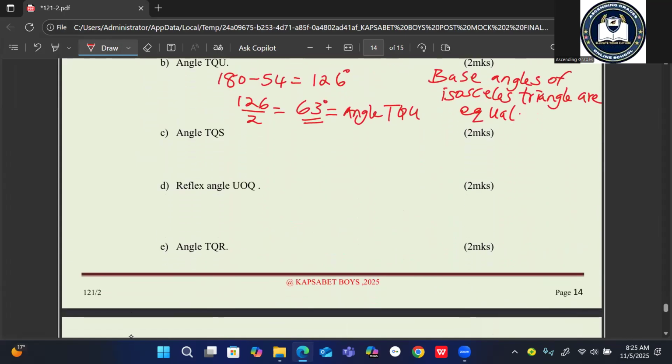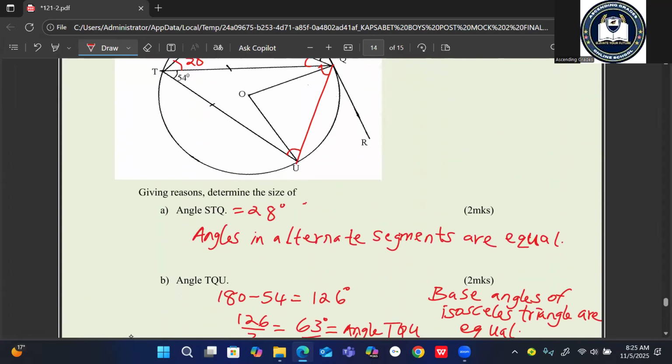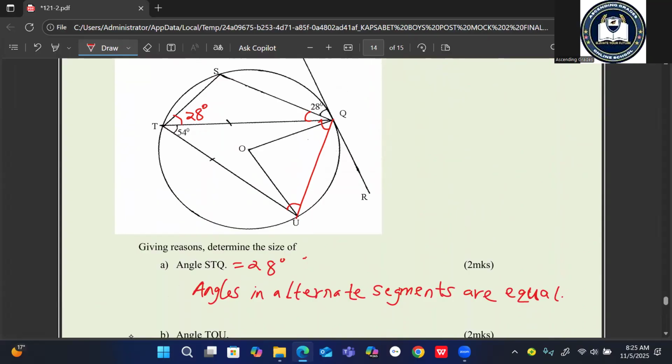That one is just equal to 35 degrees, because angles in a triangle add up to 180 degrees. So we have it here as 35 degrees.